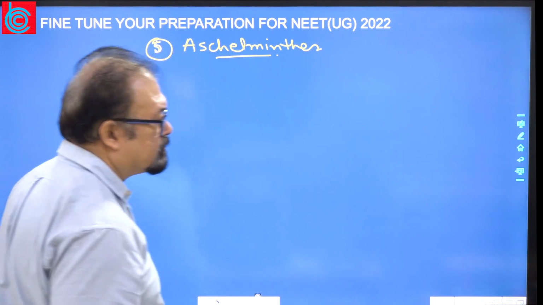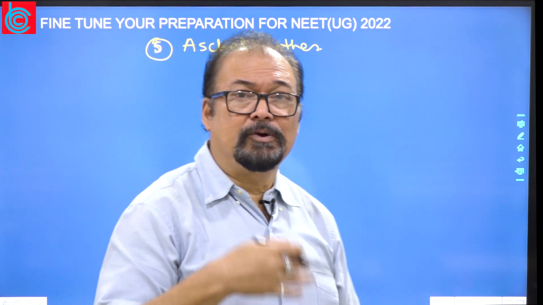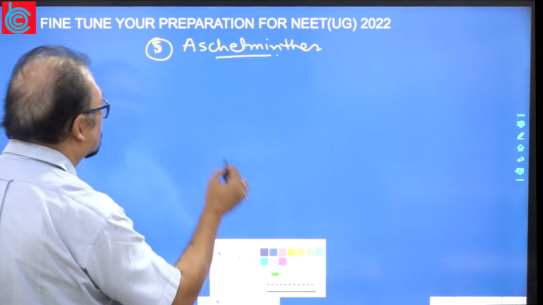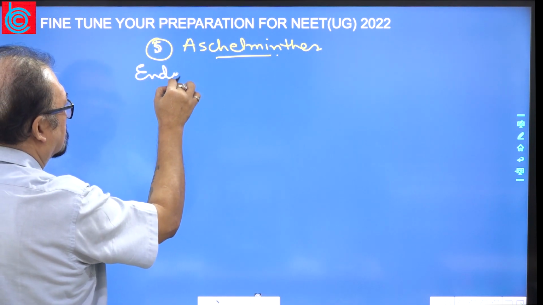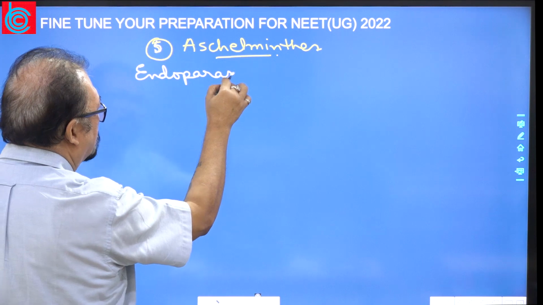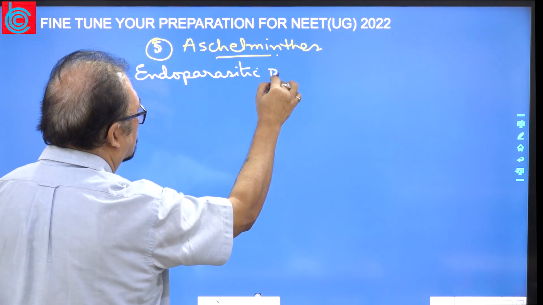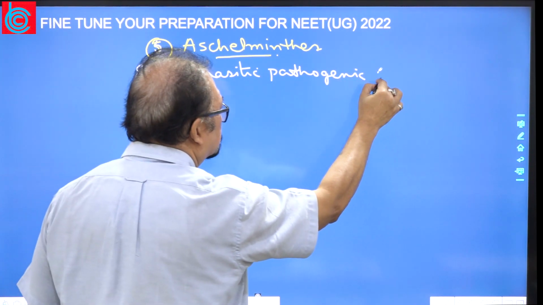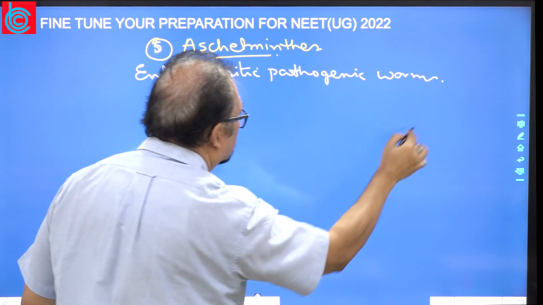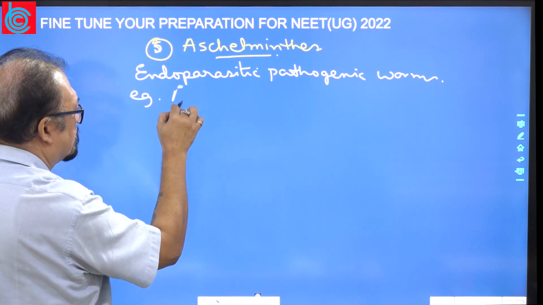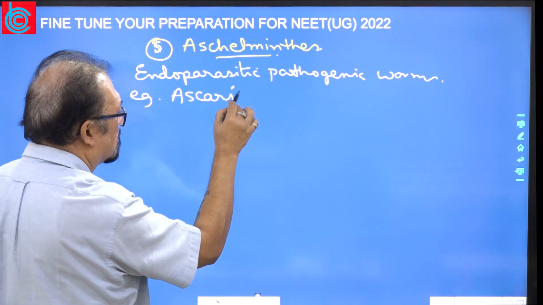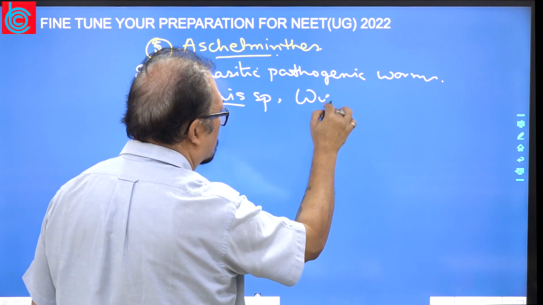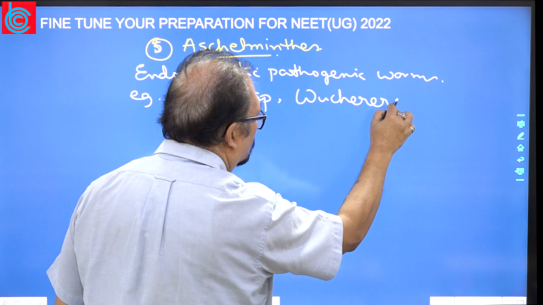Aschelminthes. They are also the worms. Endoparasitic pathogenic worms such as Ascaris, Wuchereria.